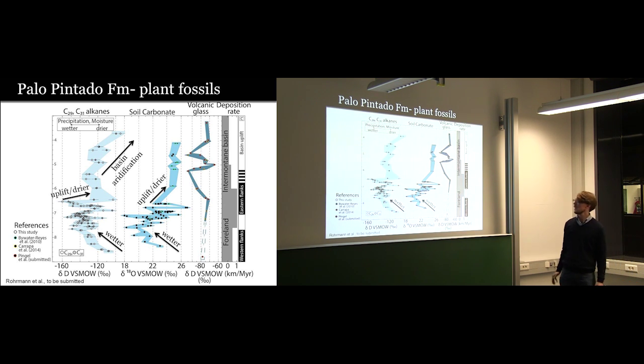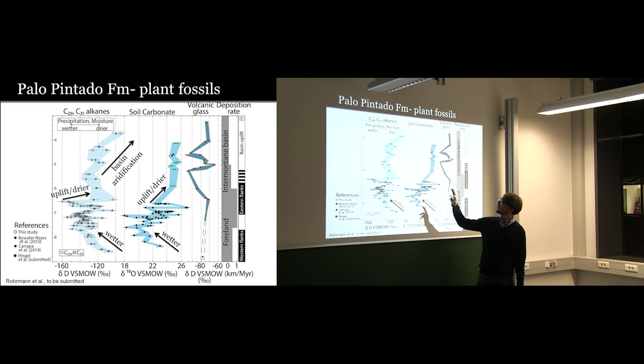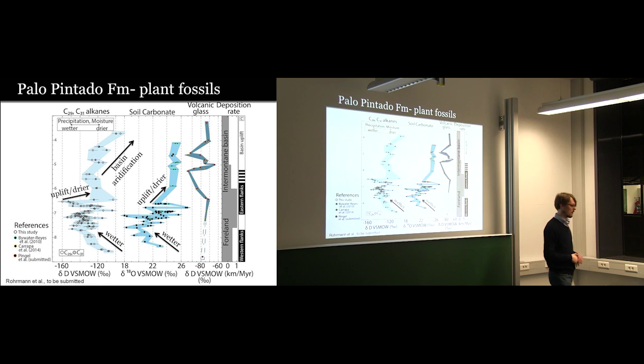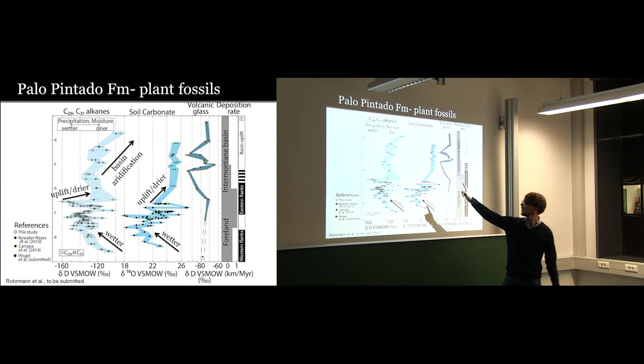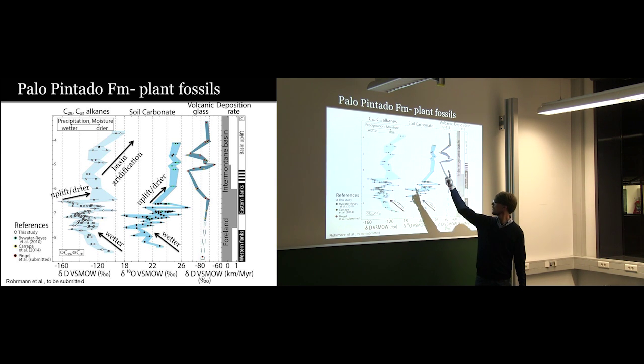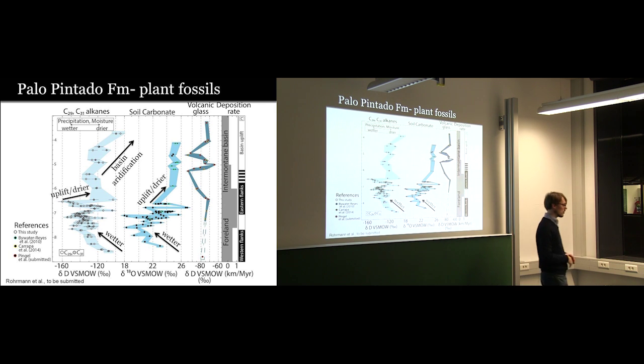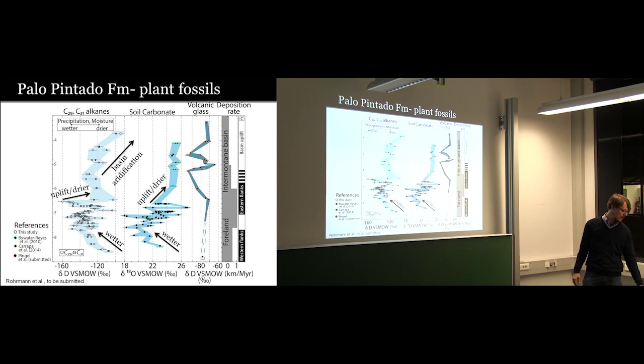First of all, you see a wetening trend, and just for clarification, more depleted means wetter conditions, more enriched means drier conditions. You see that in both proxies, the soil carbonate proxy and the biomarker proxy. But after that, you see a lot of wiggles in the section in both. We see a very variable isotopic composition of the environmental waters where both proxies were derived from.